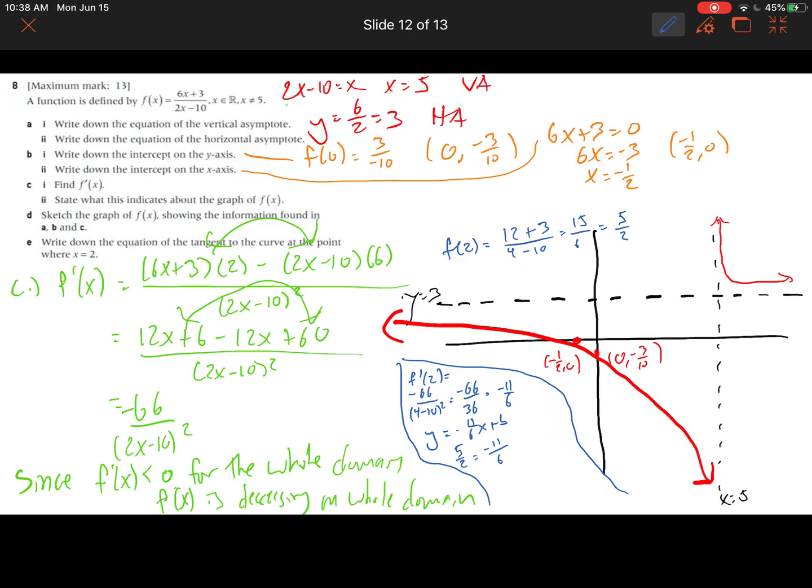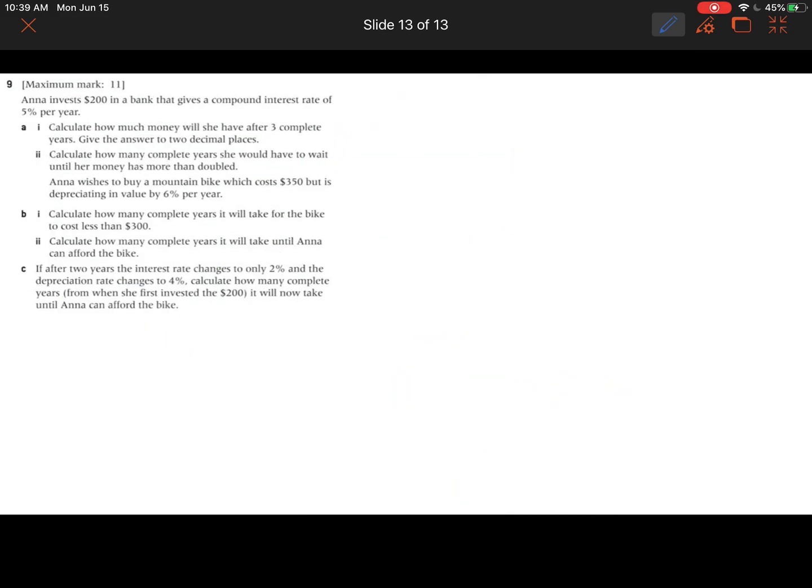Okay, so that means that we get 5 halves is equal to negative 11 sixths times 2 plus b. 5 halves plus 11 thirds equals b. That's 15 sixths plus 22 sixths equals 37 sixths equals b. So y is equal to negative 11/6 x plus, that's what, 16 thirds. Lovely.